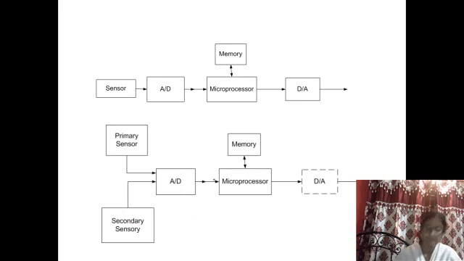And what are the smart features? Smart features are linearization, characterization, and correction of primary sensor characteristics. How these primary sensor characteristics can be corrected, we will analyze in the detailed structural description of the smart transmitter. But the features are linearization, characterization, and correction of the primary sensor characteristics.